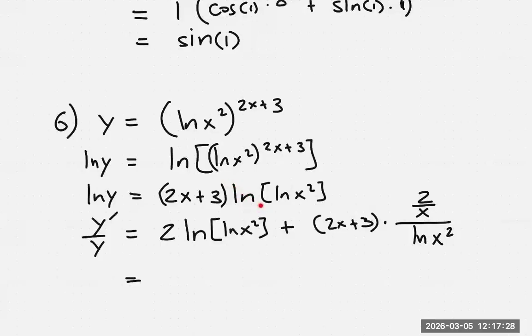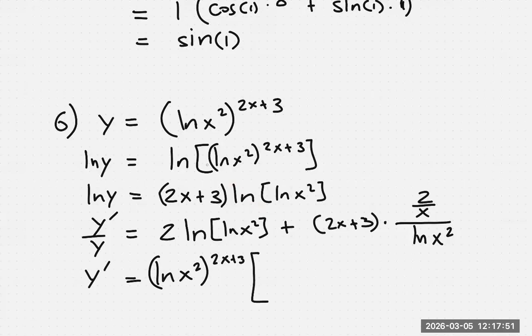All right, so let's simplify this thing. Remember, we need to find y prime, which is going to be the whole of that madness there: ln x squared, raised to the 2x plus 3, times everybody. So we're going to get ln of ln x squared, and I brought this 2 to the power here.